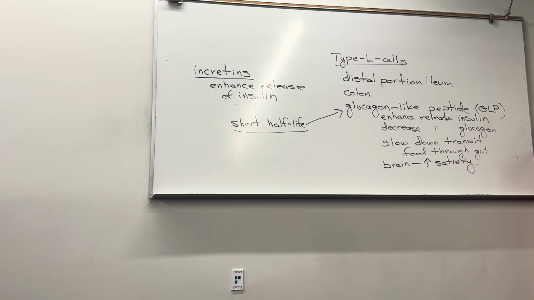They understood the properties of the GLPs, and they tried to create GLP-like agonists. But the problem is that there's an enzyme in the gut that acts on GLP-1 and degrades it very, very quickly, causing it to have a short half-life.